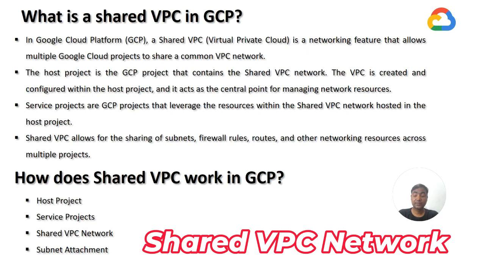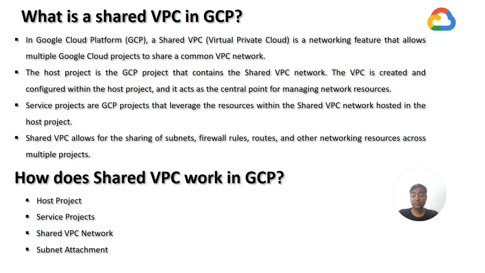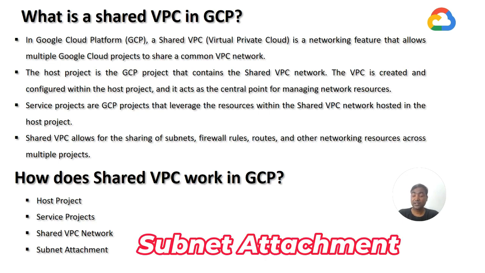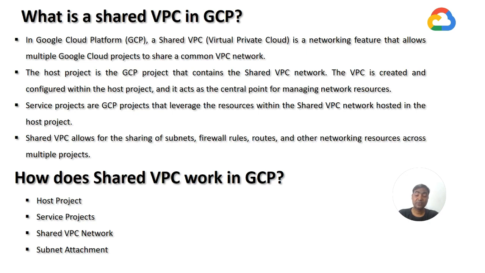Shared VPC network: this virtual network serves as the backbone for communication between resources in different service projects. Think of it as the shared hallways and public space within the building. Subnet attachment: guys, each service project attaches a specific subnet from the shared VPC network to its own VPC network.